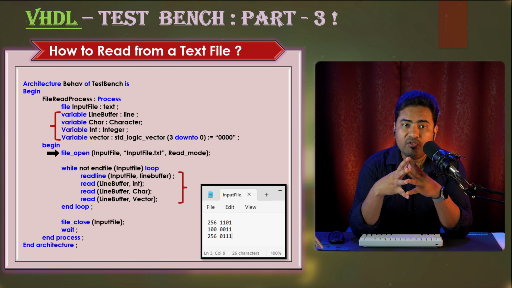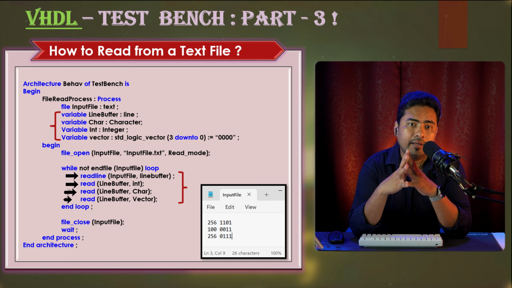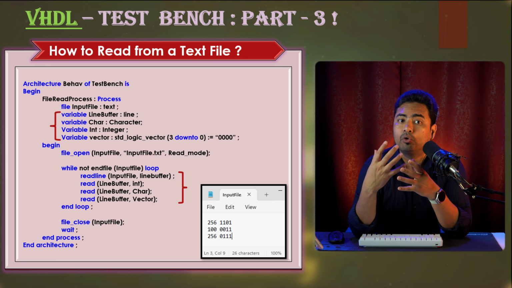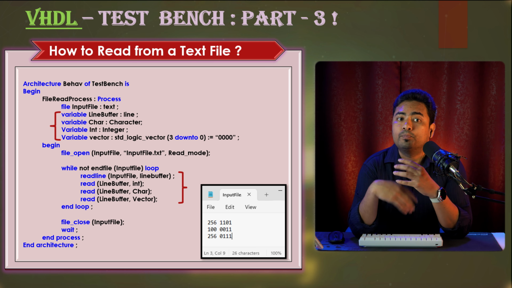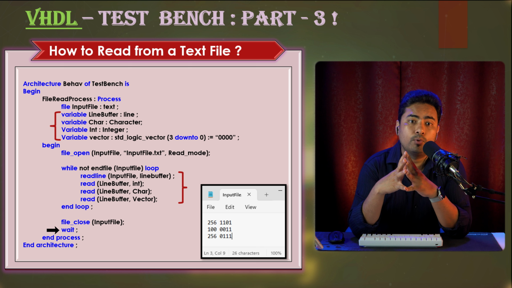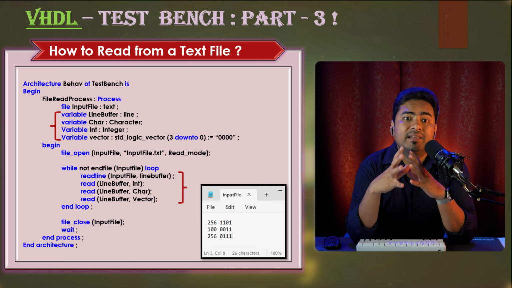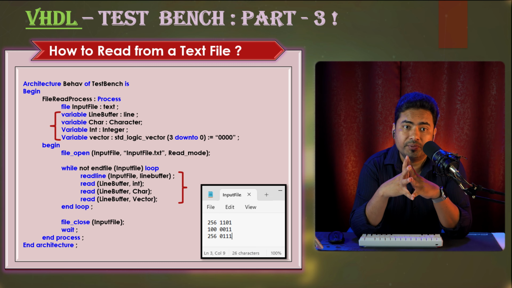So it will open the file again, read the data again, and again close the file, repeating the same process. And we do not want this. So we need to permanently pause our process block here, so we have this wait statement. If you do not understand this, then please watch my last session.